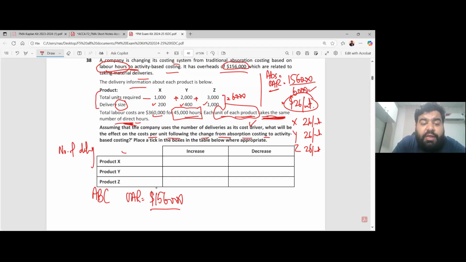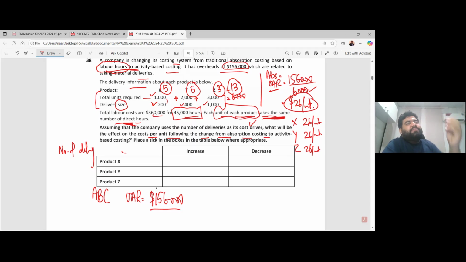So we'll calculate the number of deliveries. X has a total of 1,000 units and one delivery size is 200, so 1,000 divided by 200 means the number of deliveries for X will be 5: 200 units per delivery, 200 into 5 is 1,000. Same for Y, again 5, because 2,000 divided by 400, and 3 deliveries for Z. So the total will be 13 deliveries. Again, they have not given you the number of deliveries, they have given you delivery size and total units.